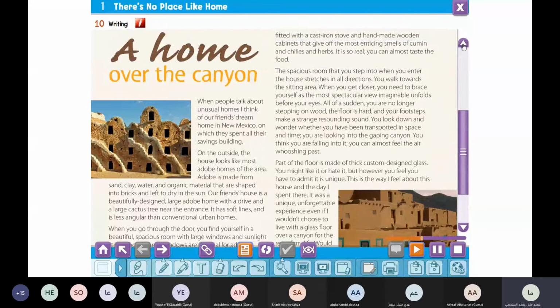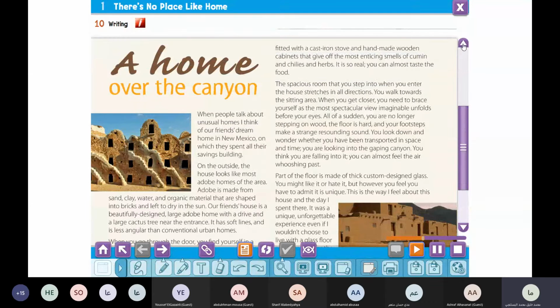You walk past a kitchen fitted with a cast-iron stove and handmade wooden cabinets that give off the most enticing smells of cumin and chilies and herbs. It is so real you can almost taste the food. The spacious room that you step into when you enter the house stretches in all directions. You walk towards the sitting area. When you get closer, you need to brace yourself as the most spectacular view imaginable unfolds before your eyes.